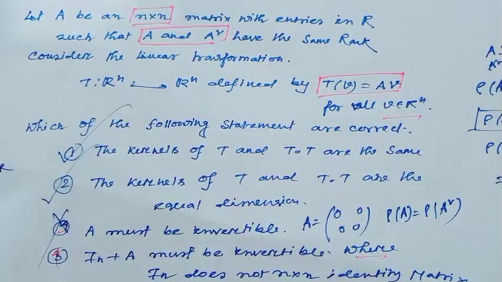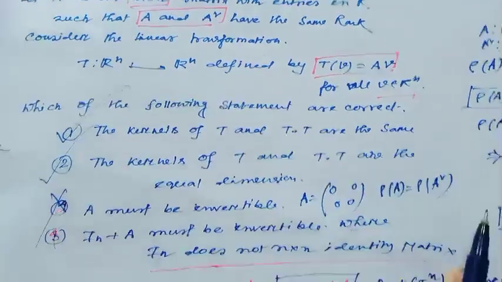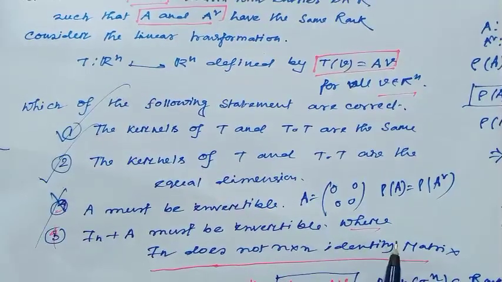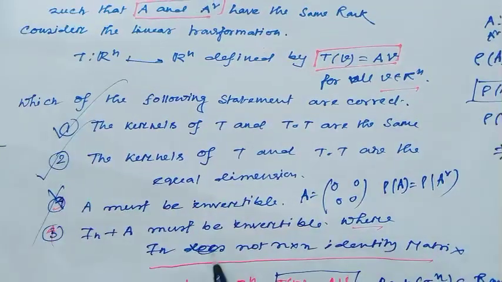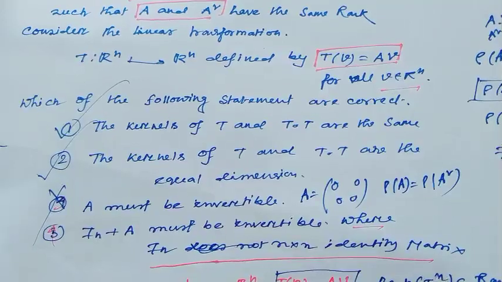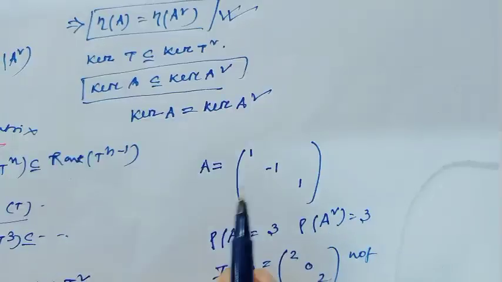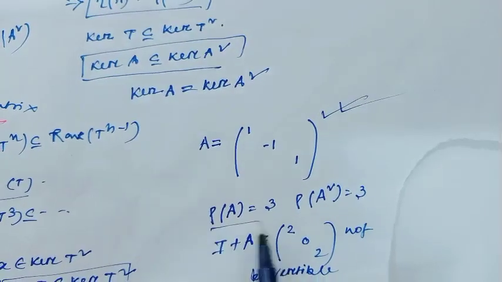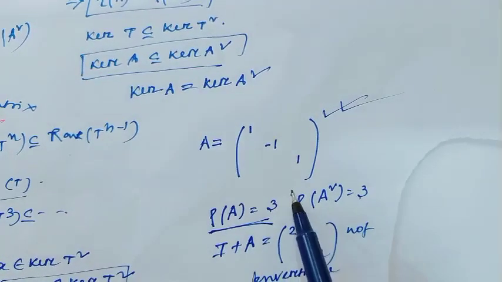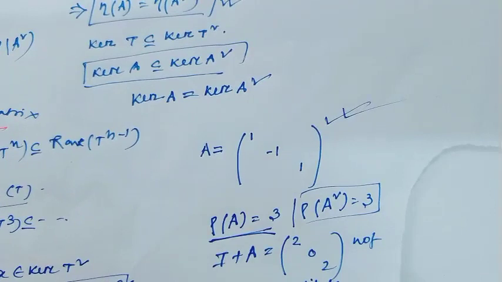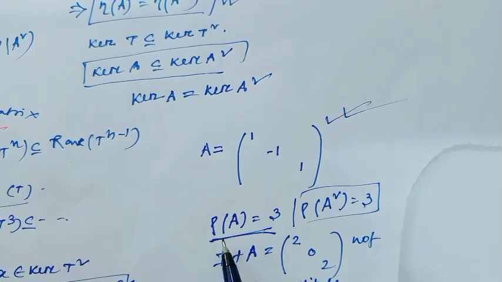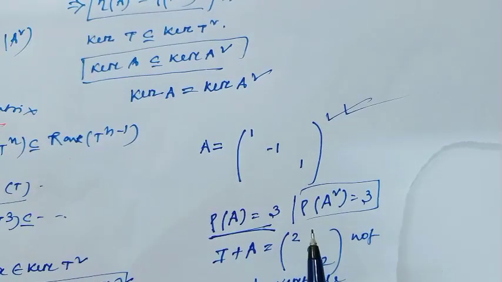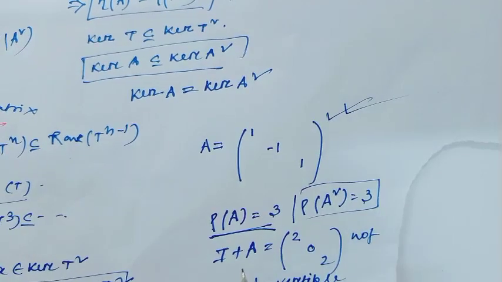Option 4 says In plus A must be invertible, where In is the n cross n identity matrix. For this, consider A equal to this matrix. Then rank of A equals 3 and rank of A square equals 3, so the condition rank of A equals rank of A square is satisfied.